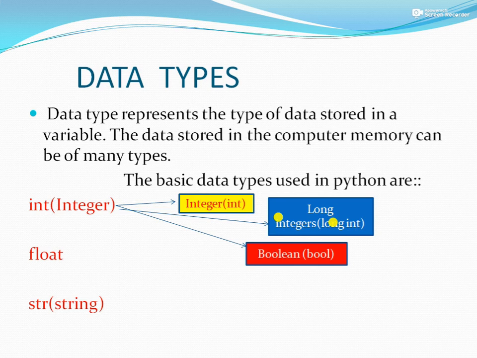Next is str. Str means string. A string data type represents a string of characters enclosed within quotation marks. The text may be inside single quotation marks, or it may be inside double quotation marks.